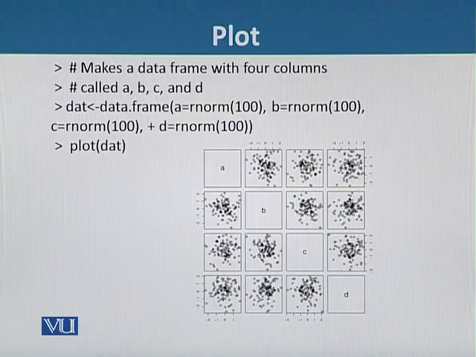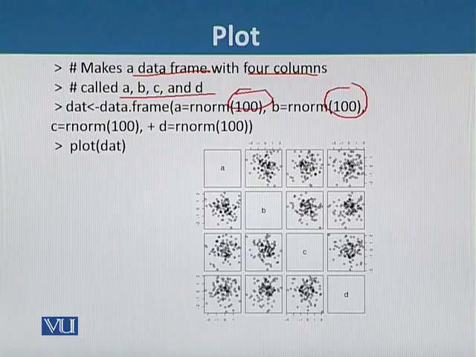Here we can see that we want to make a data frame, because in the previous example we have seen a single plot, but in this case we will plot in the form of a data frame. That frame has 4 columns, called A, B, C, and D. Each column has 100 values from a normal distribution, and it will plot 4 columns from A to D. Then we use the command plot with the data frame written in the parentheses.